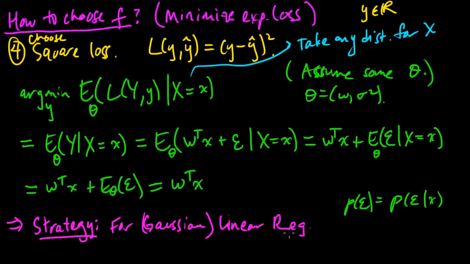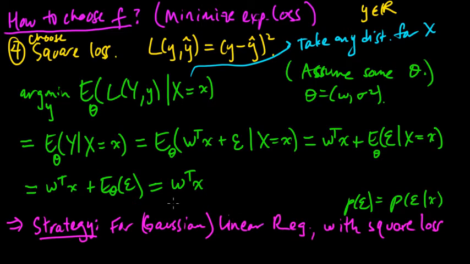I'm summarizing all of our assumptions here. For Gaussian linear regression with square loss, this is just summarizing our assumptions.